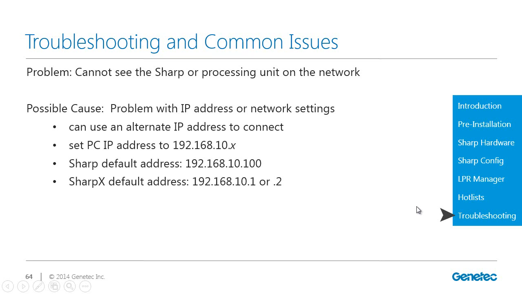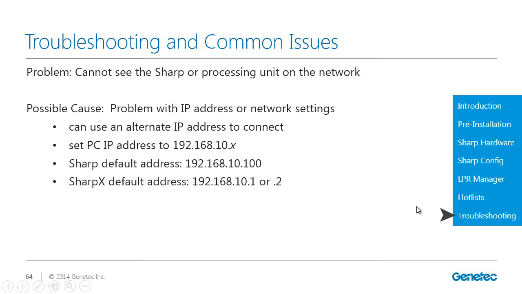If you're using a Sharp camera, the default address is 192.168.10.100. For a Sharp X, the default address is 192.168.10.1 for the first single board controller, and .2 for the second single board controller, if you do have a trunk unit with multiple single board controllers.